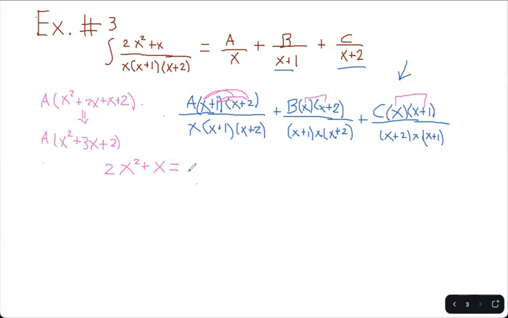All right, so we're going to match up the like terms. We have ax squared plus 3x. We're going to multiply an a.